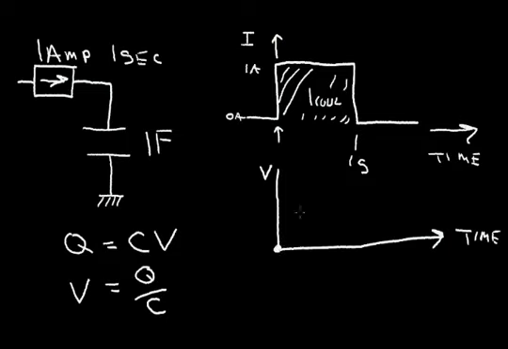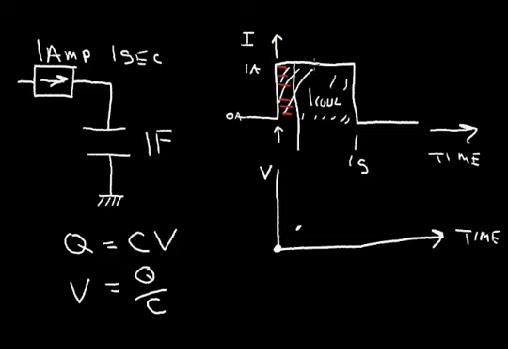So let's say at this point in time right here, we have a voltage that depends upon the amount of charge in this section here.